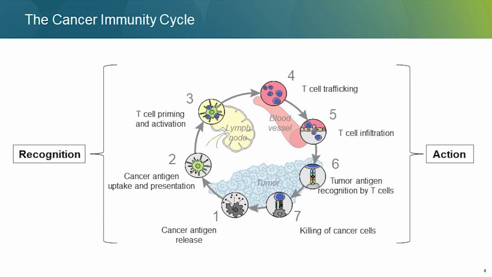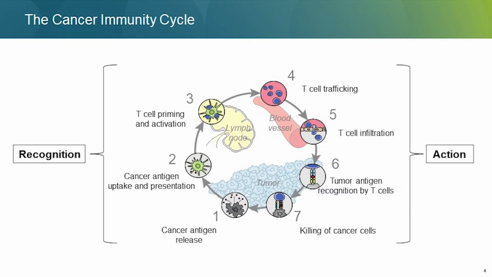These activated T cells then migrate to the tumor bed, where they recognize tumor cells and kill these cells. This leads to the release of more cancer antigens that can be further taken up by dendritic cells, and therefore amplifying the immune response against cancer.